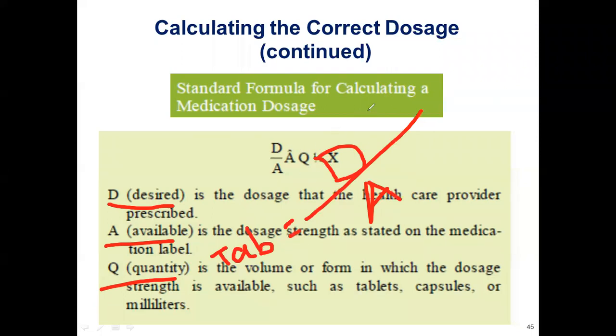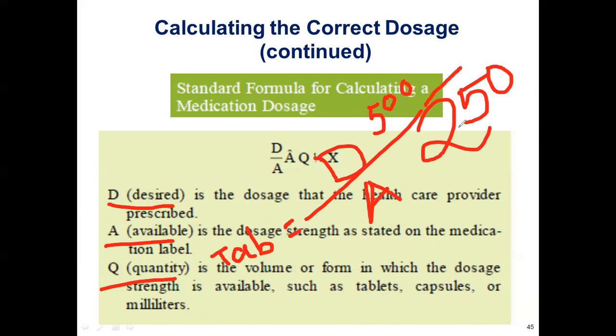Like the doctor prescribed 500 milligram acetaminophen, and one acetaminophen tablet contains 250. One tablet containing 250 means the medication available in the pharmacy is 250 per tablet. The doctor prescribed 500.